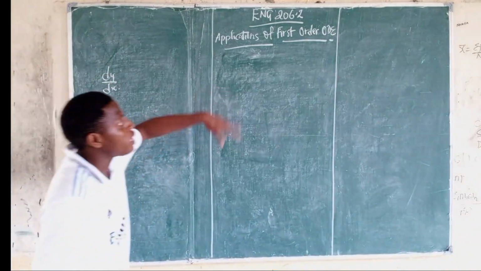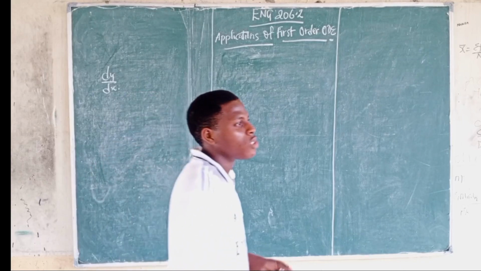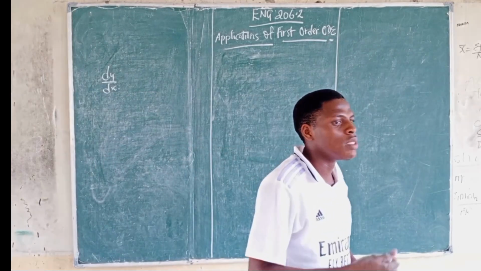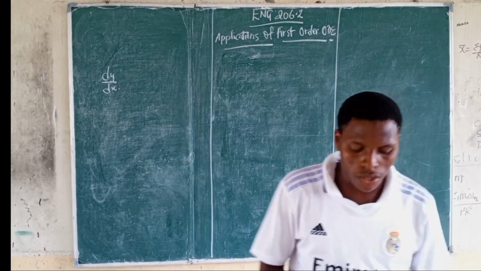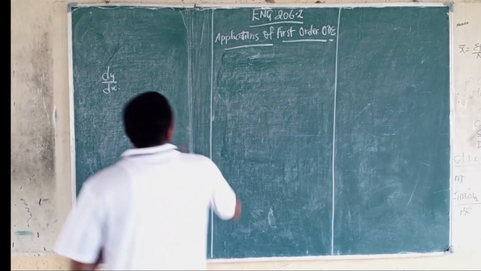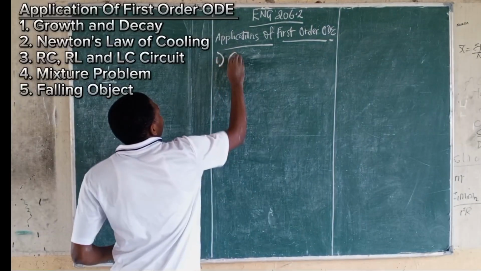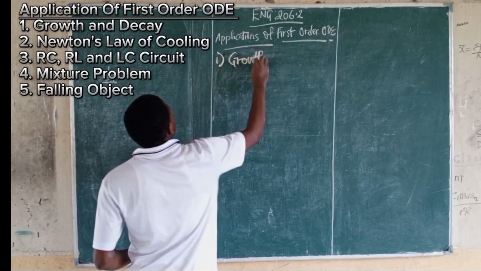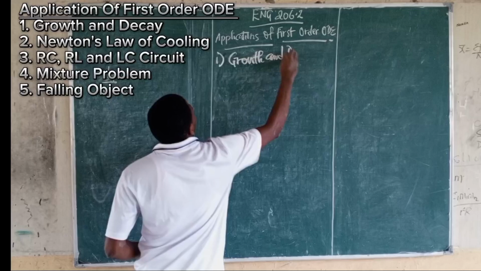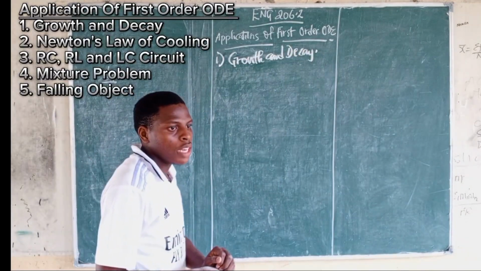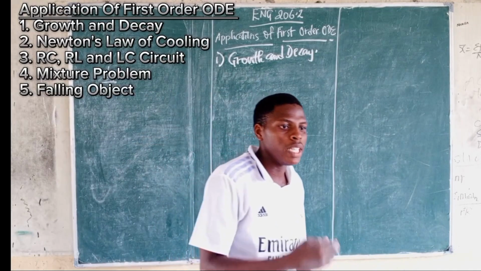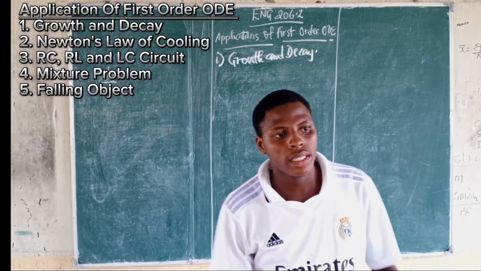Now, for the applications of first order ordinary differential equation, we have various applications. The first one we have is what we call growth and decay. So we use first order ordinary differential equation in solving problems dealing with growth and decay.